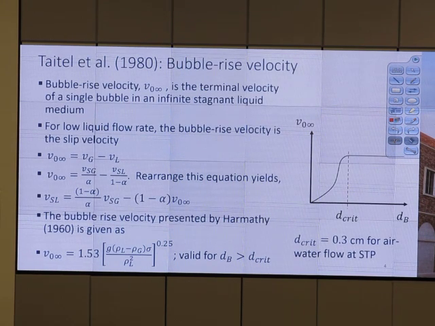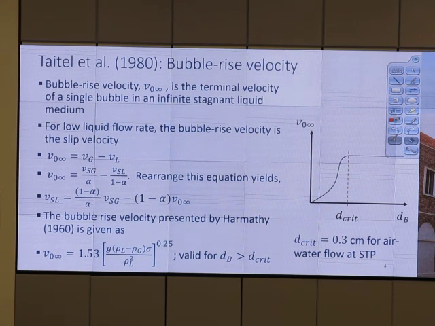Next we will find out how we get the equation, how we relate void fraction with the operating parameters that we have. To relate anything, we know that slip velocity, V slip, is Vg minus VL. For vertical flow, we call this slip velocity the bubble rise velocity, or V0 infinity. It is the terminal velocity for a single bubble in an infinite stagnant liquid medium.